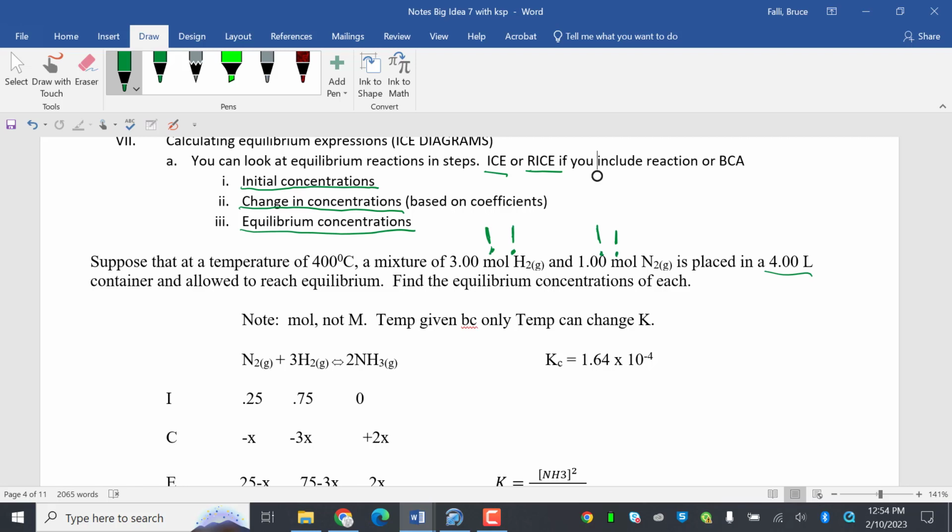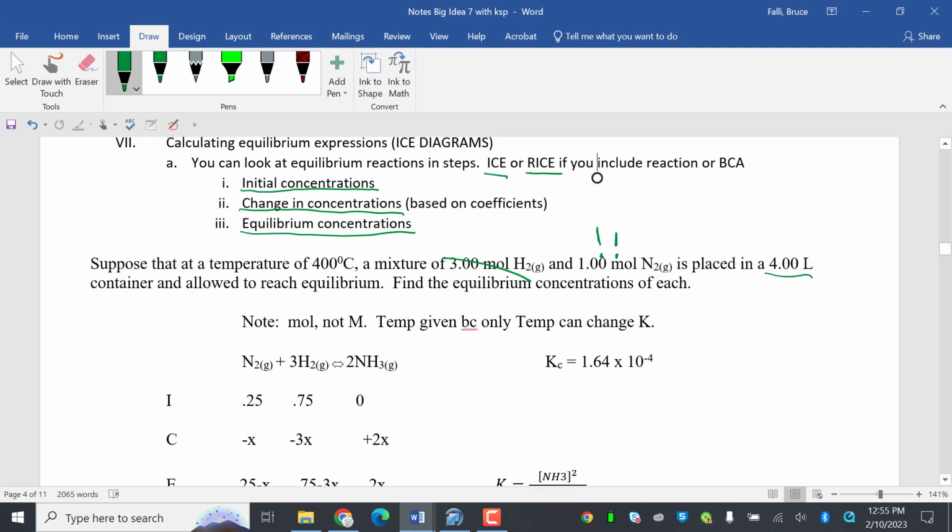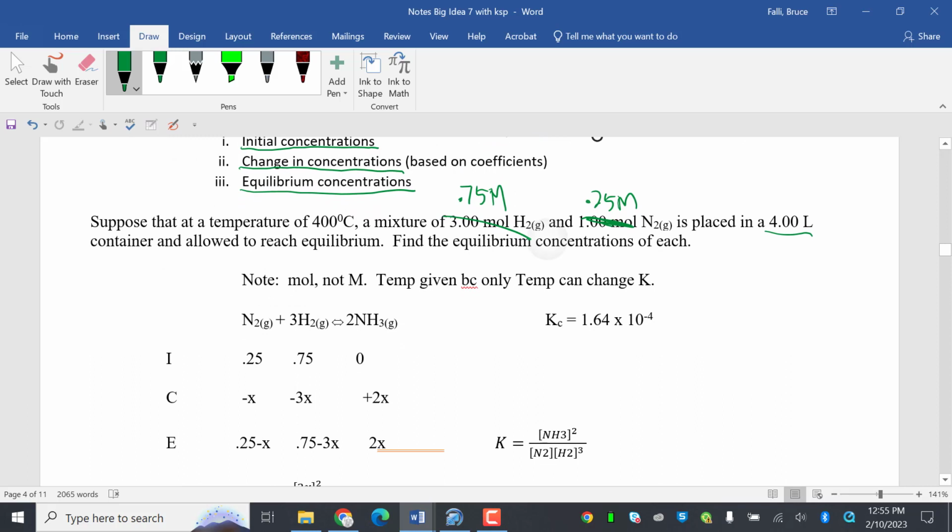I see this 4-liter container and 3 moles, so I'm changing it right away to molarity, 0.75 molar. 3 divided by 4 is 0.75. 1 divided by 4 is 0.25 molar. Find the equilibrium concentration of each. The temperature is given because temperature can change K, so really the temperature we don't really care about.